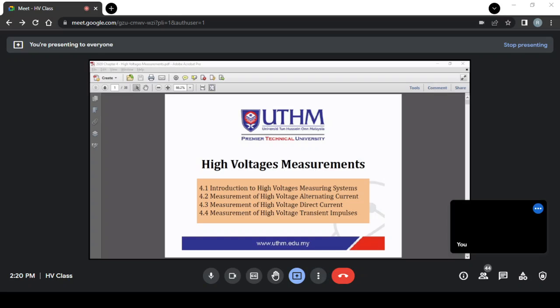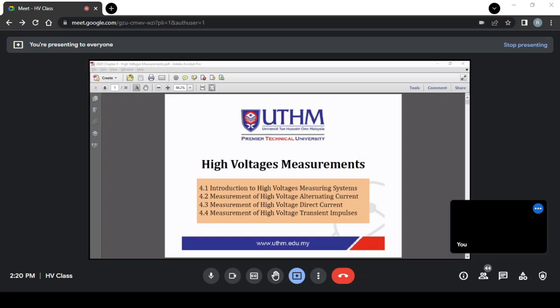Since most of the probes can only measure a certain range of voltage level, we need to have some sort of divider to reduce the high voltage into a voltage level that can be read by the probe, by the equipment.